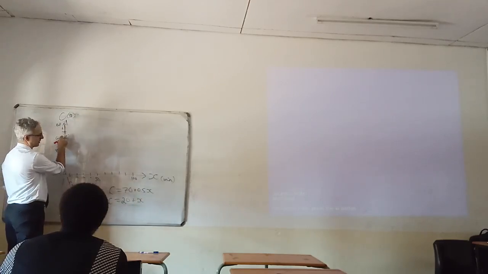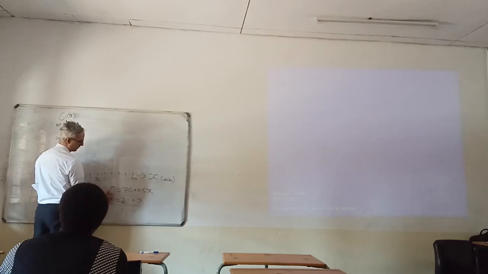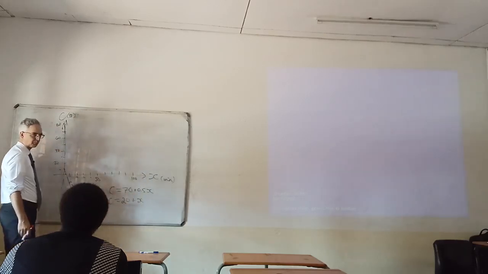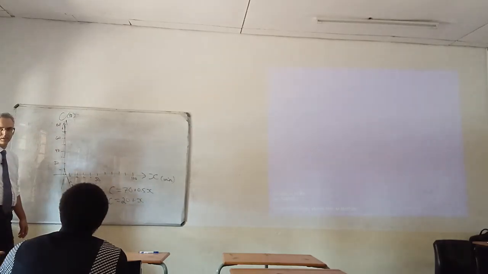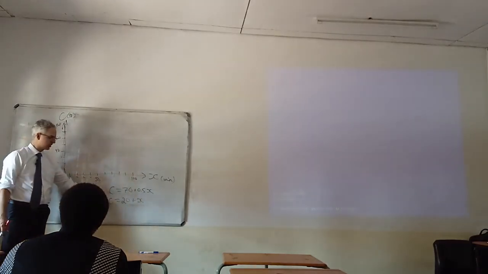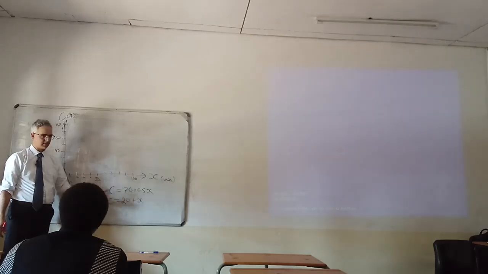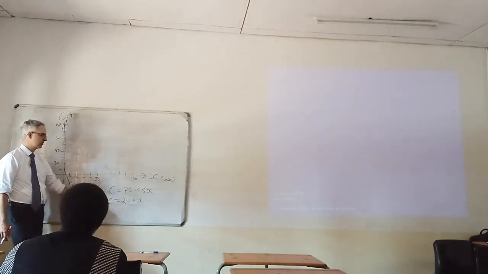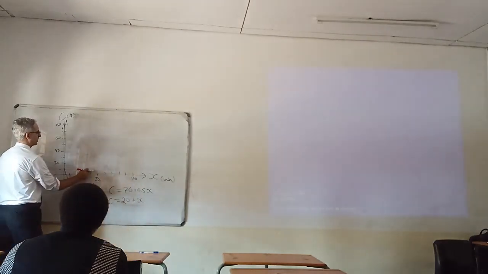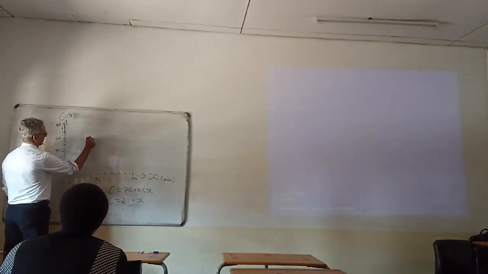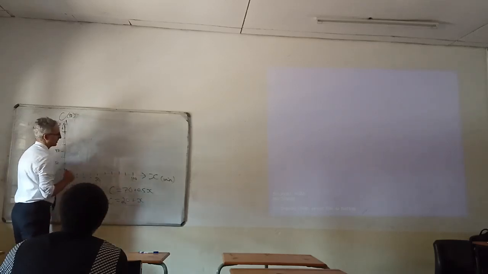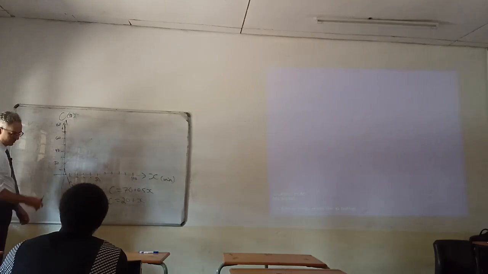Let me say I want to get to 60. For C to equal 60, what would be X? X is 40. Okay, so here's 40, 60, there. That's easier to draw.